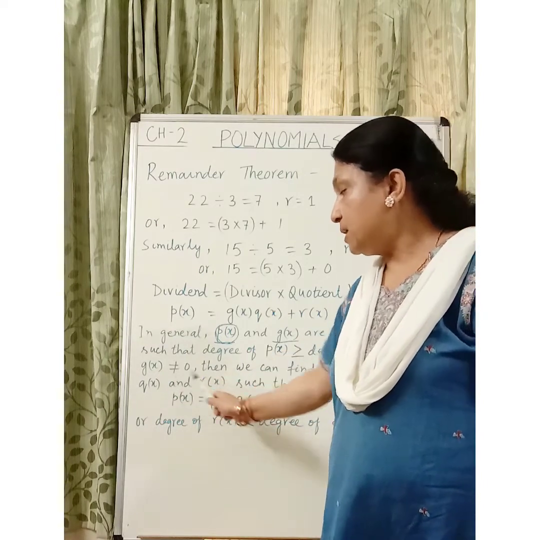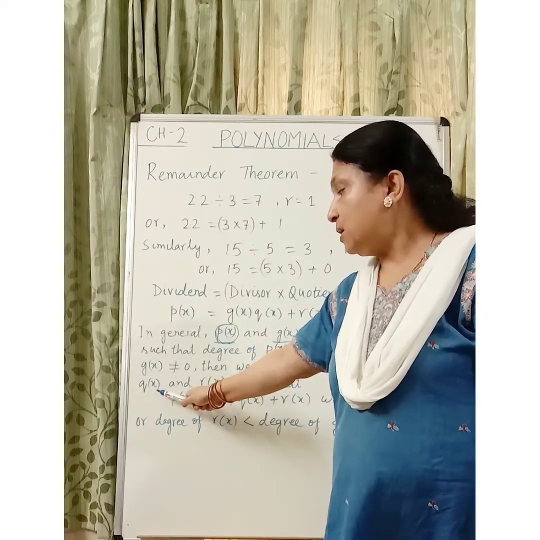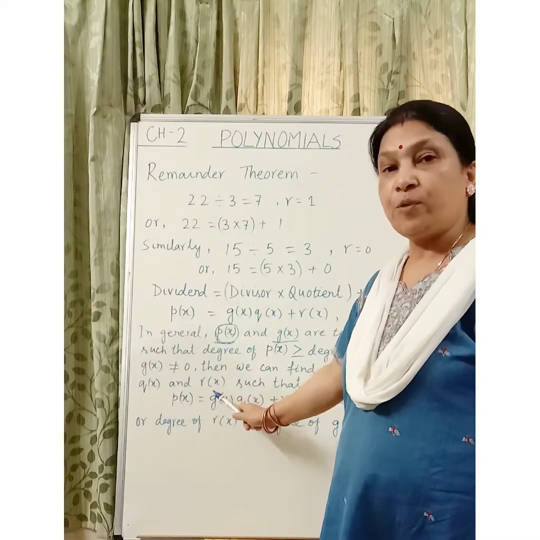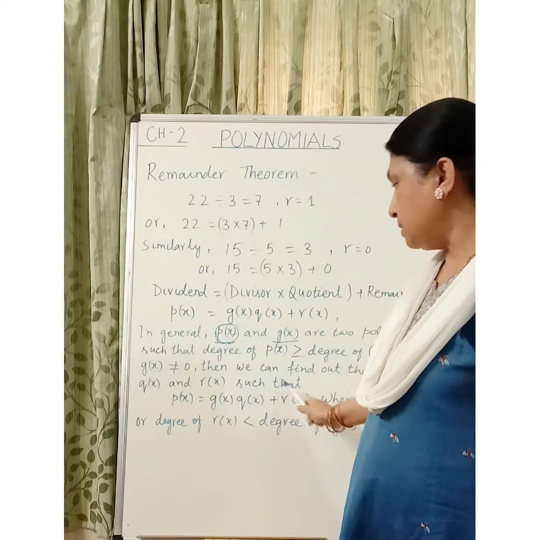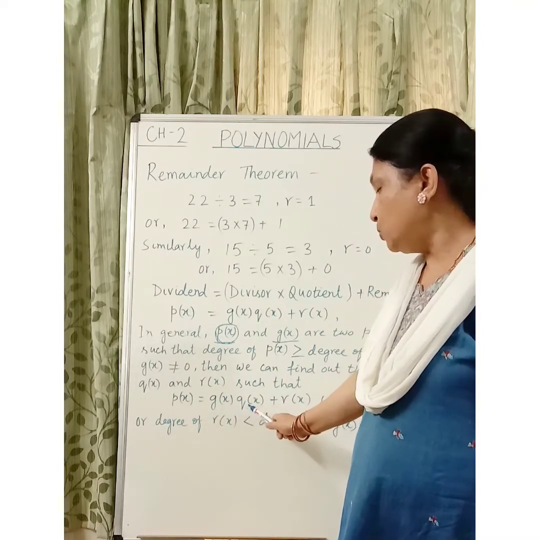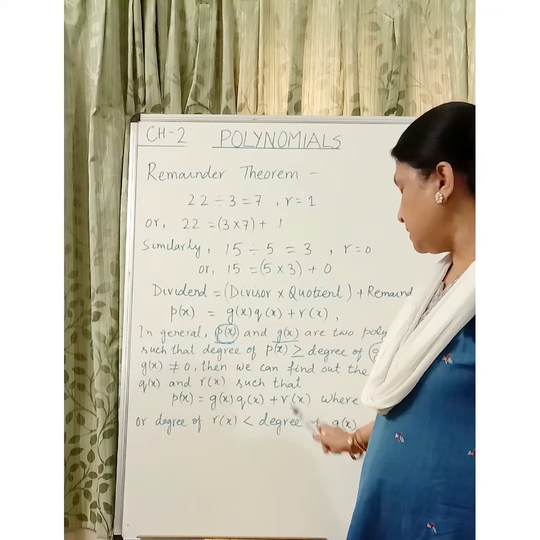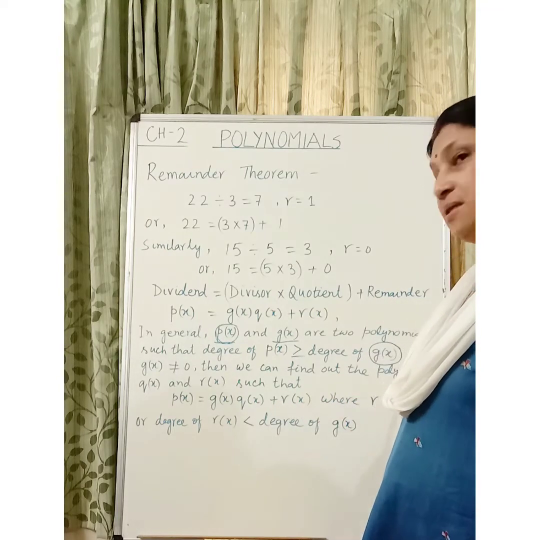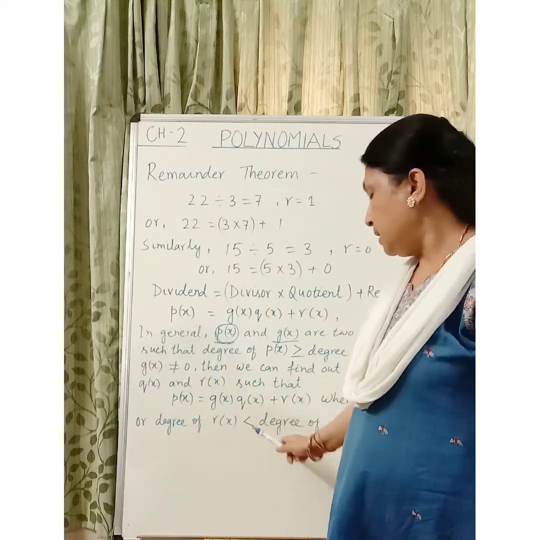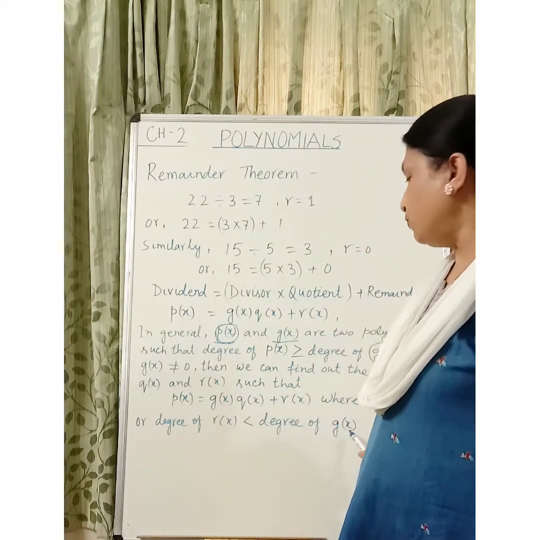What are q(x) and r(x)? q(x) is the quotient polynomial and r(x) is the remainder polynomial, such that p(x) is equal to g(x) into q(x) plus r(x), where r(x) is equal to 0 or the degree of r(x) is less than the degree of g(x).